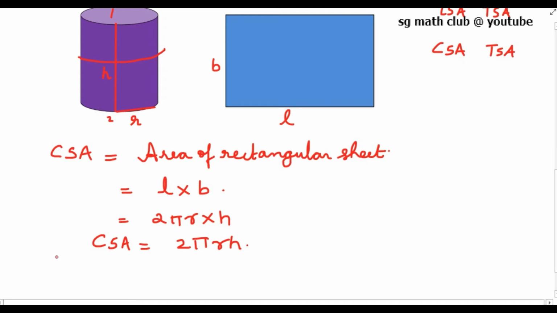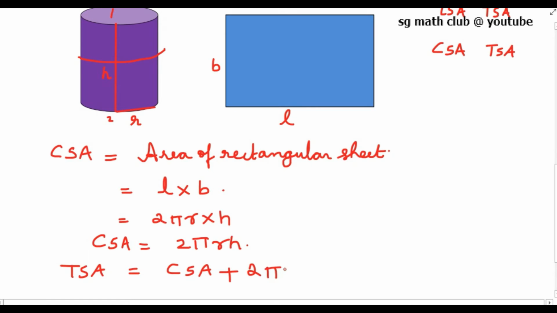Now, total surface area of the cylinder means, along with this curved surface area, we need to add the area of the two bases, one at the top and the other at the bottom. The top and bottom faces are just circles, so two circles are there.